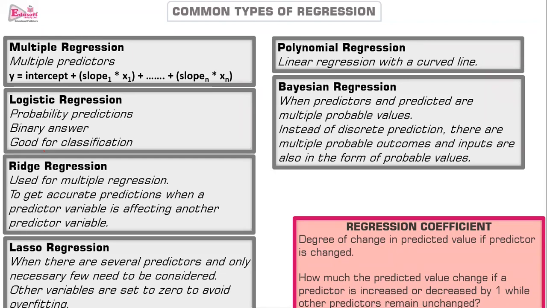You change only age and you keep the weight and height fixed. Then you see the change in the output. This is also called regression coefficient. So the degree of change when you change the predictor variable, the degree of influence on the prediction, this analysis is called regression coefficient.